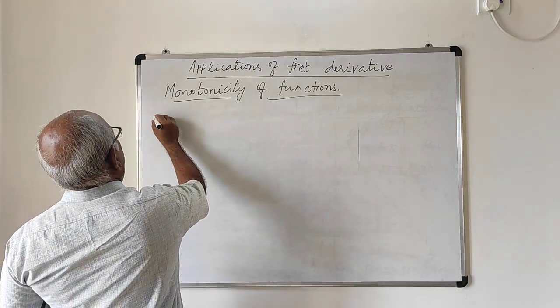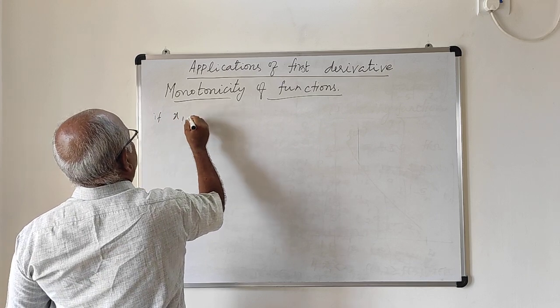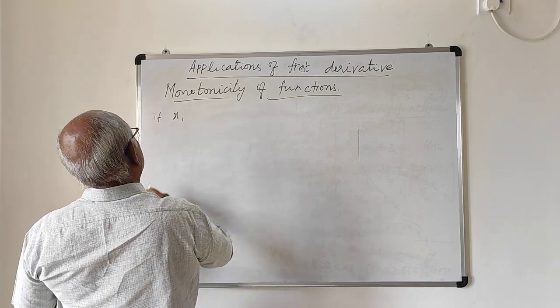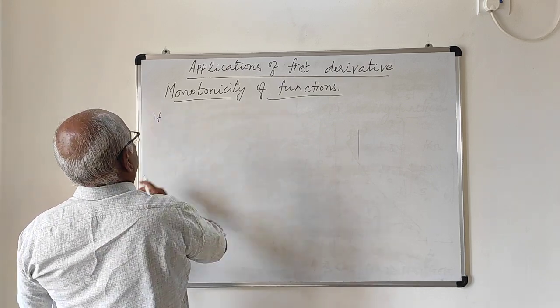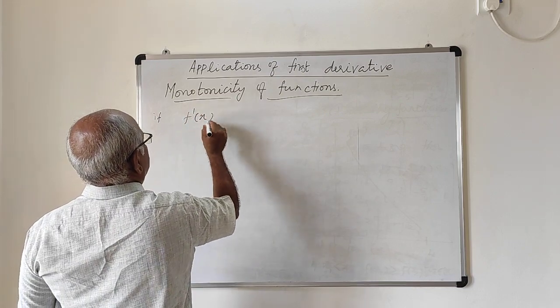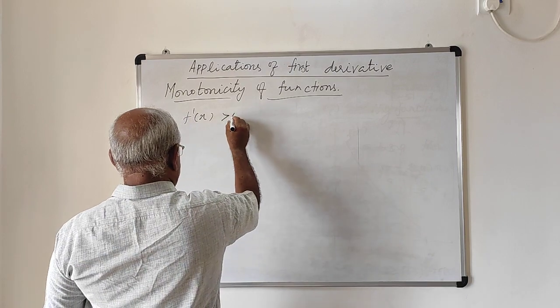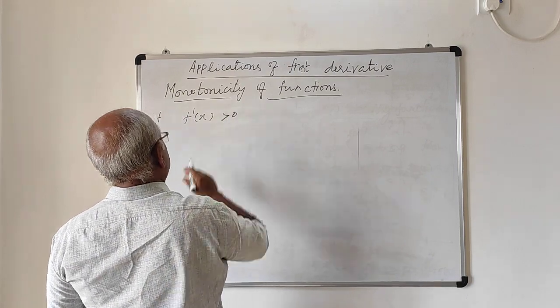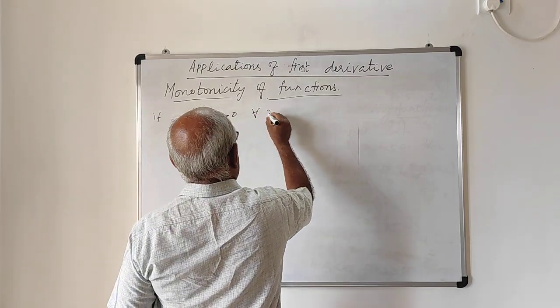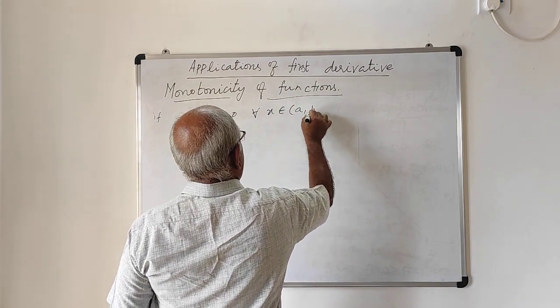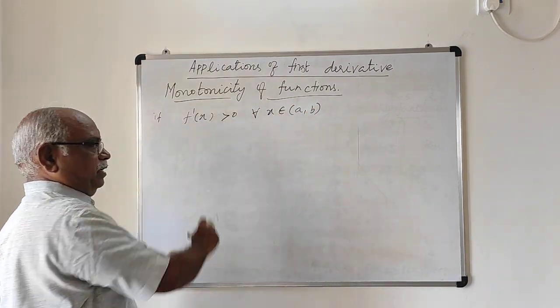If the first derivative of the function, f dash of x, is strictly greater than 0 for all x in the interval a comma b, then the function is said to be strictly increasing.